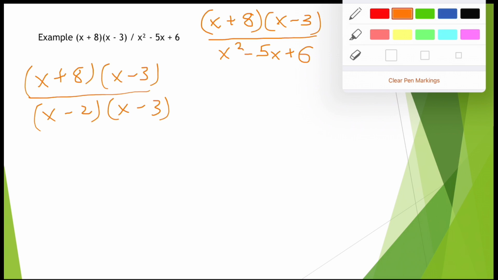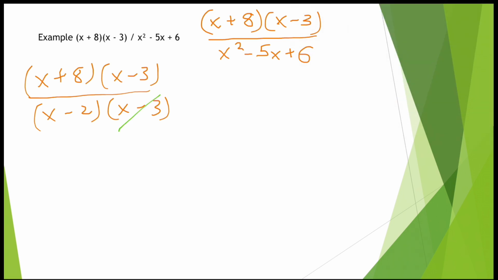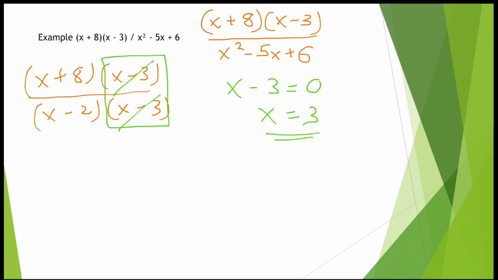Now in the hole, what you do is that you cancel out the common stuff. We have x minus 3 common here, and we find out the zeros of the common factors. So x minus 3 has to equal 0, and that'll mean x should be 3, basic math. And now, since you know that x equal to 3 is the x-coordinate of the hole, we're going to put x is 3 into the remaining factors.